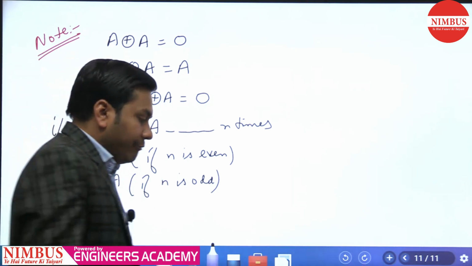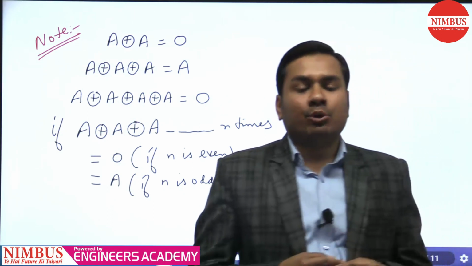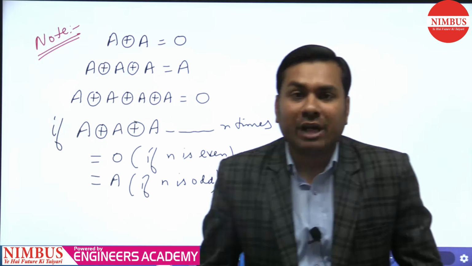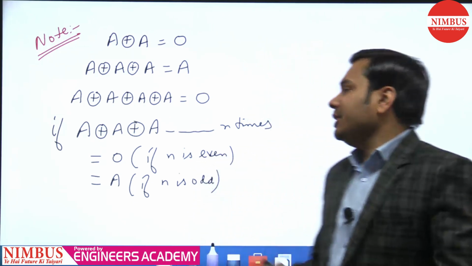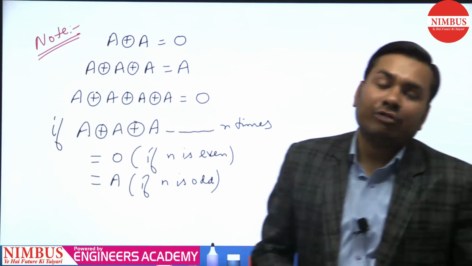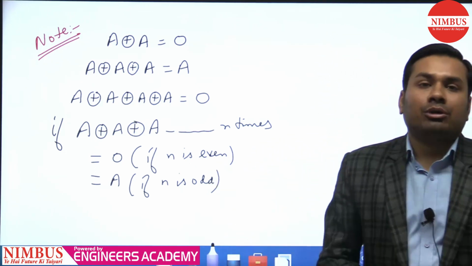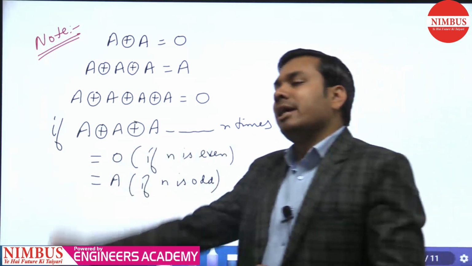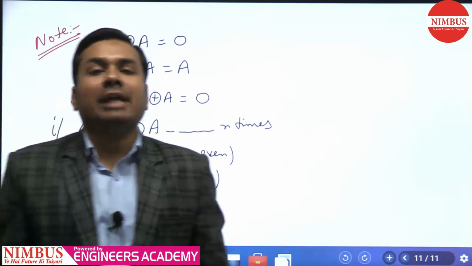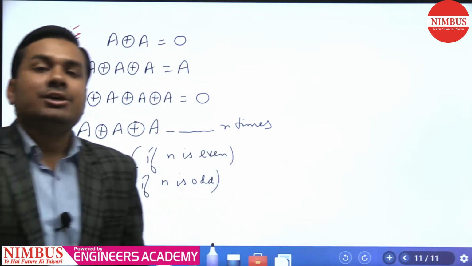That means if we are going to perform XOR of the same inputs and that input occurs an even number of times, then the output will be 0, and if that input occurs an odd number of times, then the output is the same input. That means A XOR A up to n times: if n is even, the output will be 0.